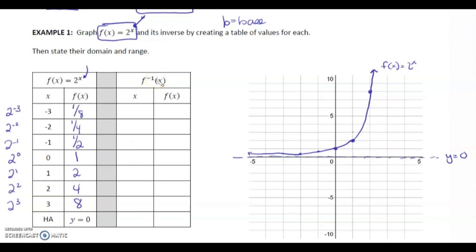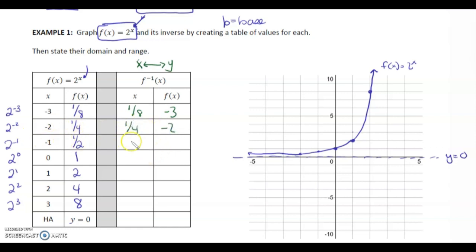Now f inverse of x. We know that for the inverse, when we're dealing with ordered pairs, we can simply exchange the x and the y. So instead of having the point negative 3 comma 1 over 8, we're going to have 1 over 8 comma negative 3. Instead of having negative 2 comma 1 quarter, we're going to have 1 quarter comma negative 2.